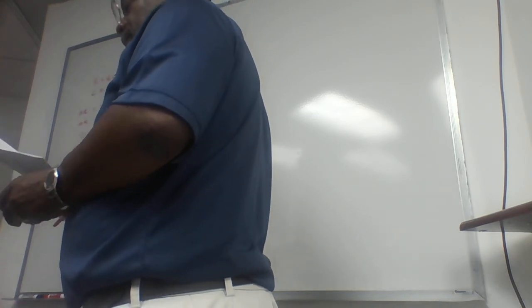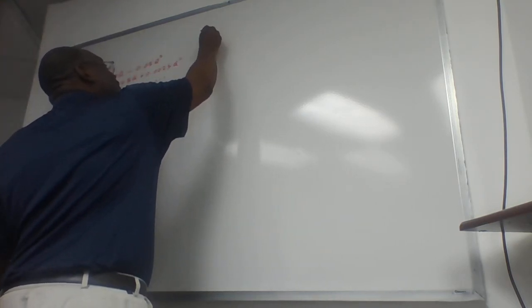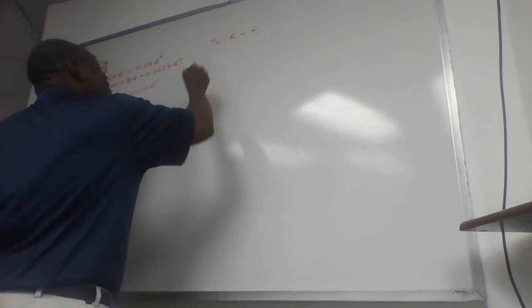Determine revenue maximizing output is A. B then, profit maximizing. We know profit is revenue minus cost.